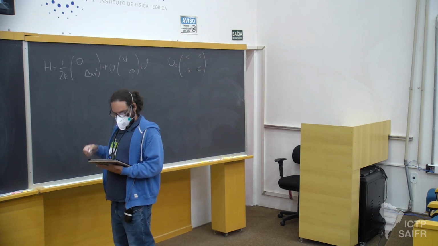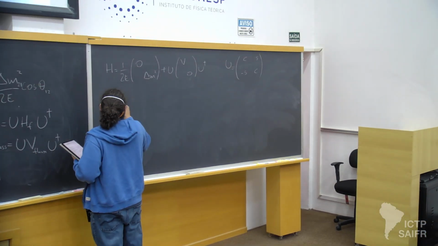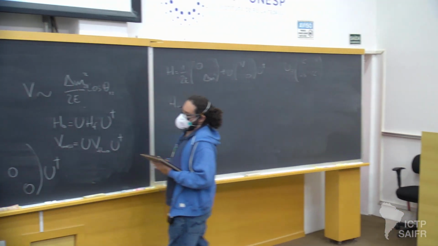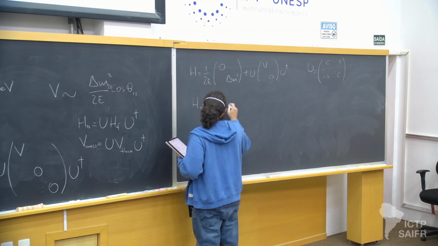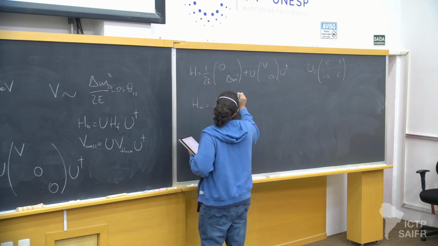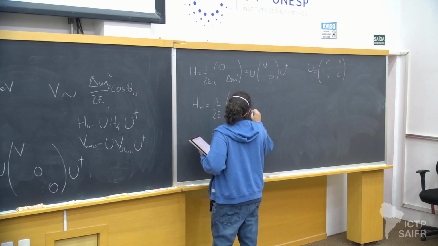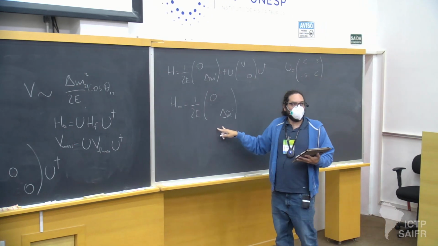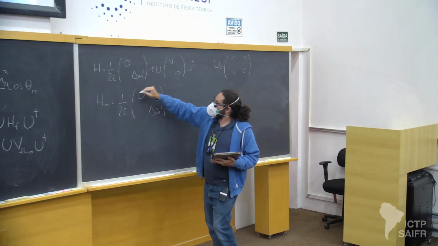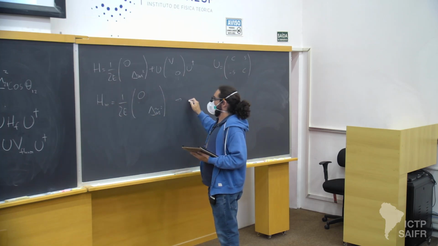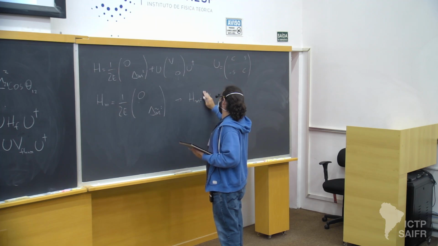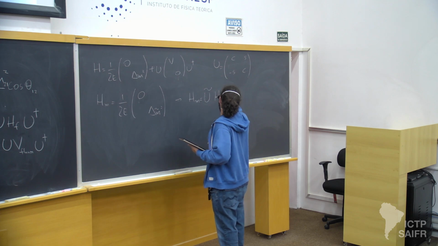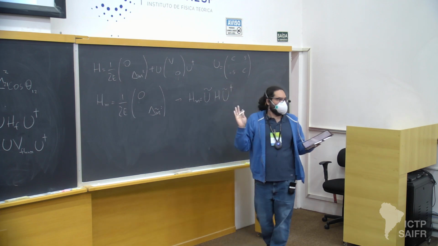When I do that, I can always write the full matter Hamiltonian as this, with a tilde here, where the matrix I use to diagonalize H_M is, let me call it, U tilde, H, U tilde dagger. Okay?